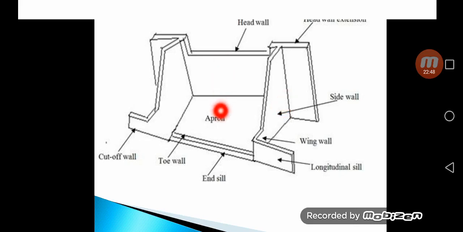And last is the apron. Apron is constructed at the downstream below the head wall to dissipate the energy of flowing water and pass it with non-erosive velocity. So apron reduces the velocity of water and makes it pass with non-erosive velocity.